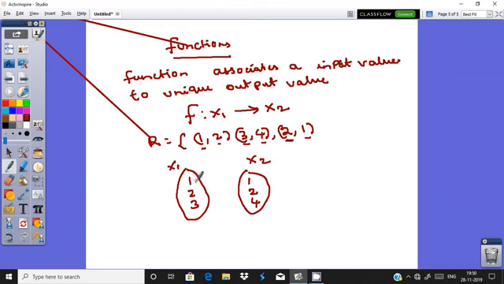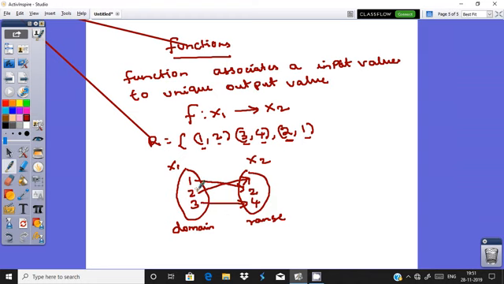When you draw it, 1 is associated with 2, 3 is associated with 4, and 2 is associated with 1. Since every value of x in x1 is mapping with x2, anything in x1 is called the domain and anything in x2 is called the range.